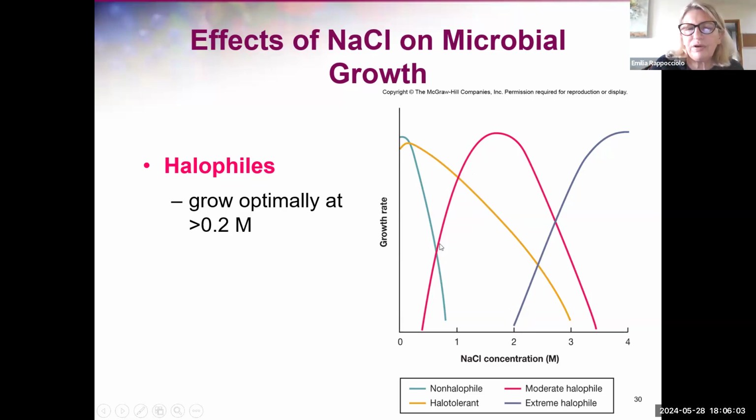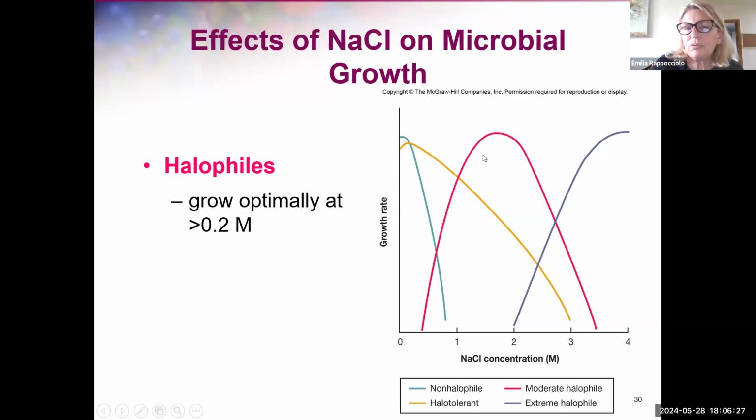Then we have the halophiles, which are these red ones, that at these concentrations are at their best concentration for the halotolerant and the non-halophile, they don't grow. There is no growth below a minimum concentration of salt that starts making them grow faster.